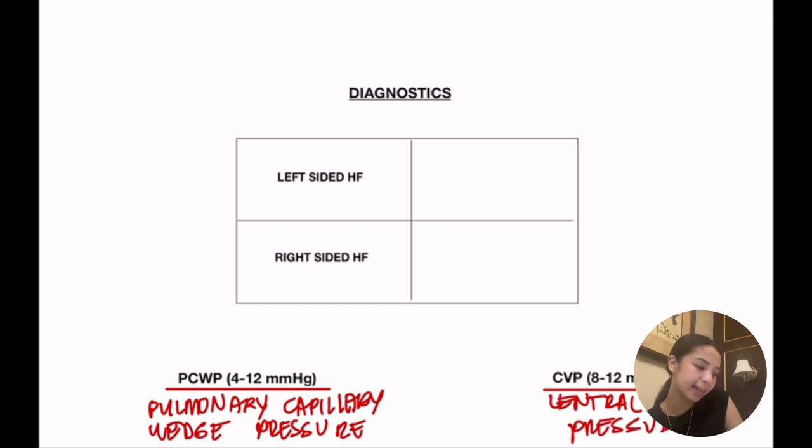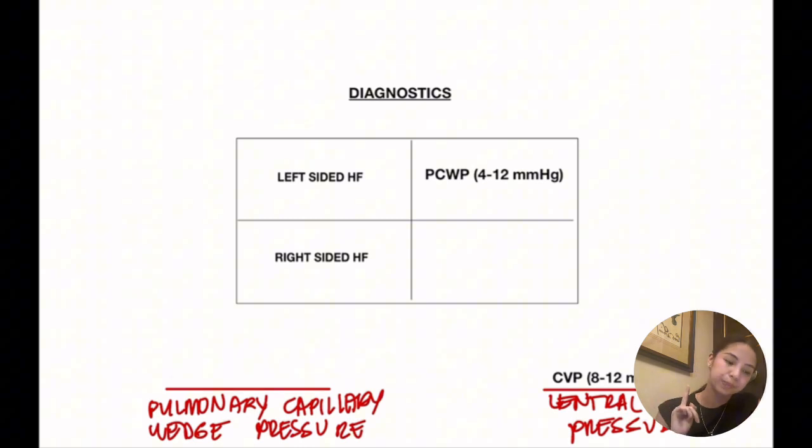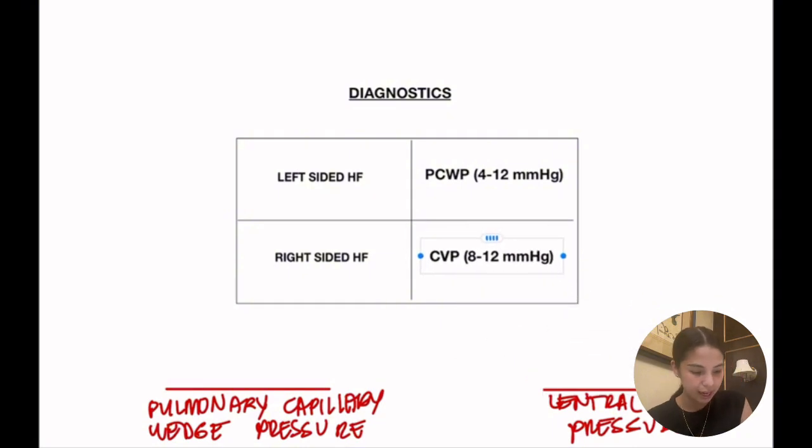So I want you guys to take a guess. Which one is for the left side of the heart and which one is for the right side? It's in the name itself, PCWP, pulmonary capillary wedge pressure, which means it is for pulmonary, and that's for the left side of the heart, 4 to 12 millimeters mercury. And for central venous pressure, that's of course for the right-sided heart failure.